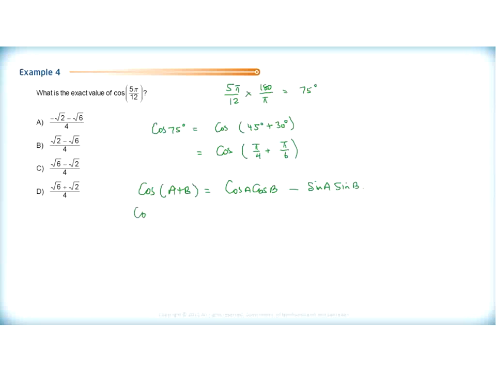Okay, so in this case we're filling in cosine of pi over 4 plus pi over 6. So we end up getting cosine pi over 4 times the cosine of pi over 6, subtract the sine of pi over 4 times the cosine of pi over 6.